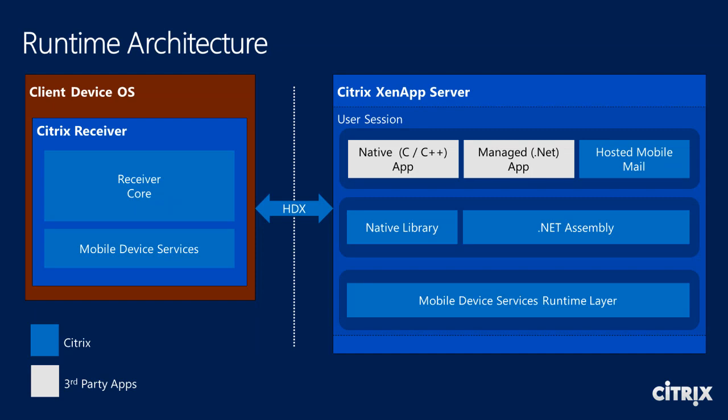The one on the right in blue there, hosted mobile app, that was sort of the petri dish out of which this particular SDK grew. What we thought about a couple of years ago is, what if we replaced the fat Outlook client that was typically hosted on XenApp in the data center with a touch-friendly application and communicate with the Exchange server through the Exchange Web Services APIs.